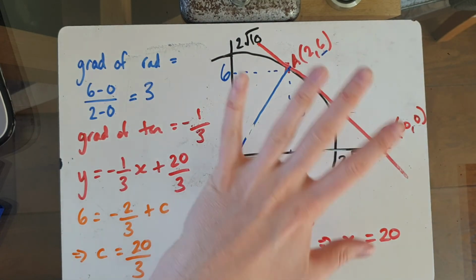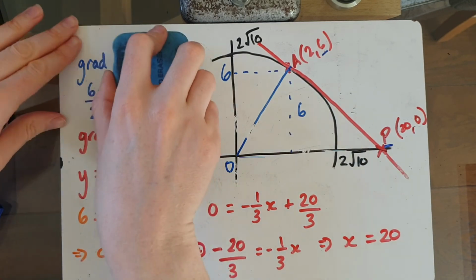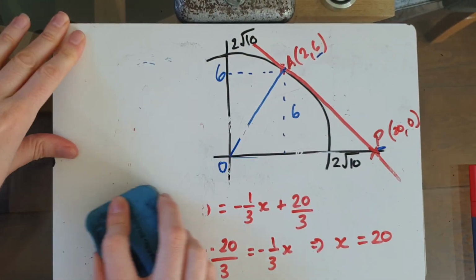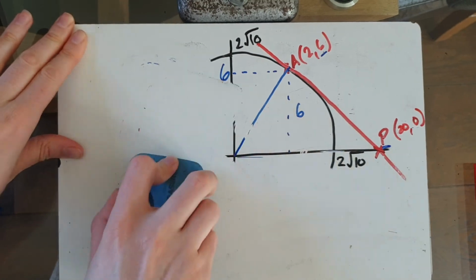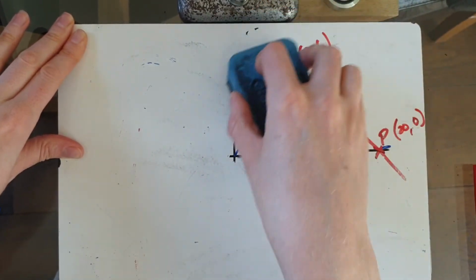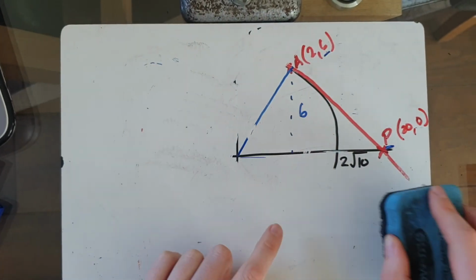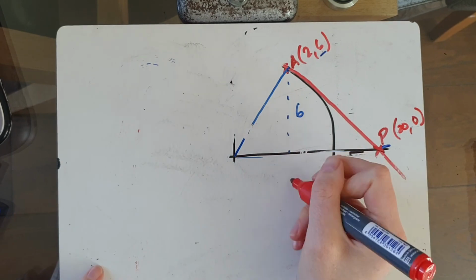So I'm going to get rid of everything else now. You can pause it and have a look at it if you need to work through it, and then we'll just work out the area of this triangle. So you can actually get rid of pretty much everything else on the board. So I've got a triangle of height 6 and base is 20.